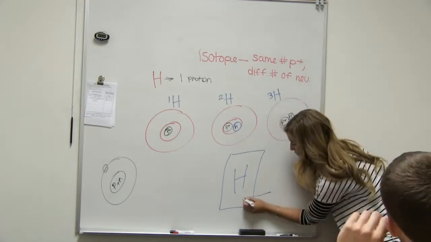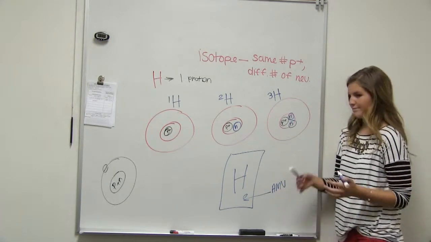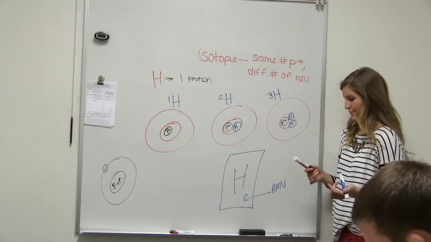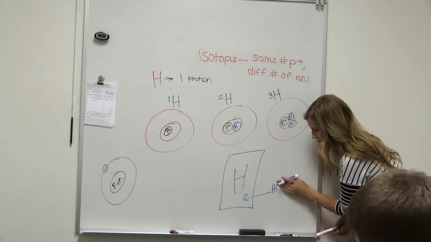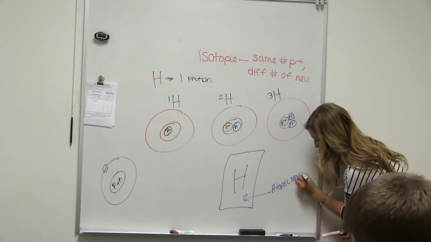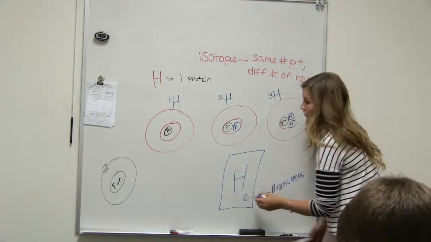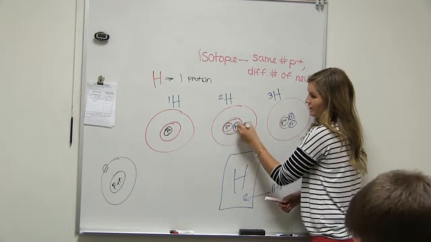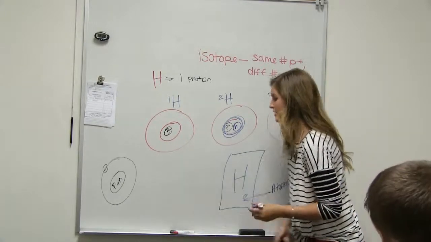So right here is going to be your AMU, well, that's kind of the unit of it. This is your atomic mass, and that's the weight of your nucleus. So your nucleus is composed of what? Protons and neutrons.